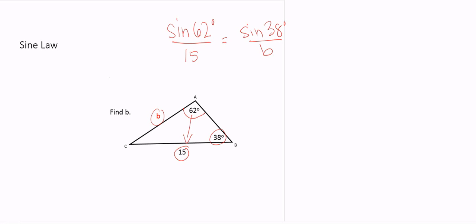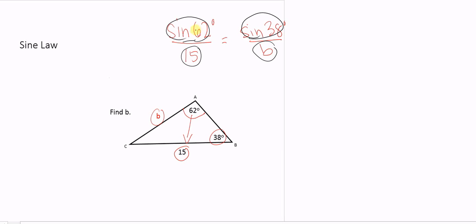It's very important that in your ratios, your numerator contains both angles and your denominator contains both the sides. It's not so much important that the angles are in the numerator, but it's important that both angles are both in the numerator or both in the denominator.